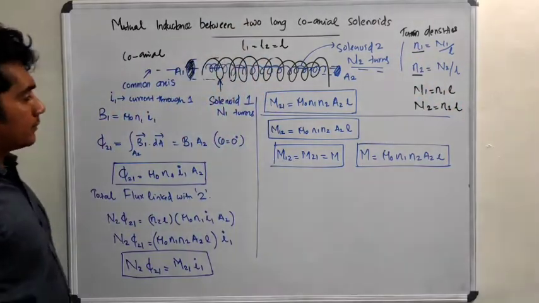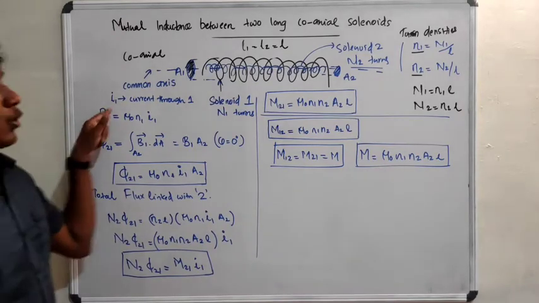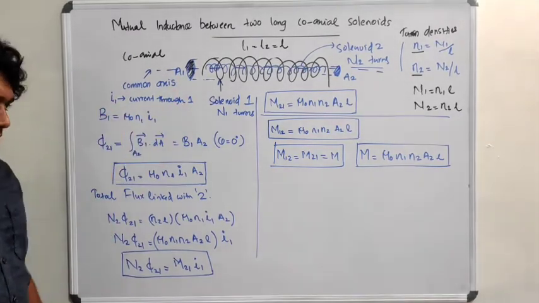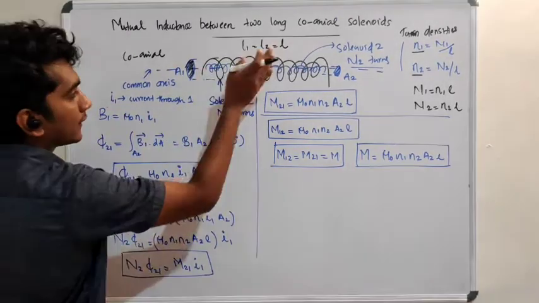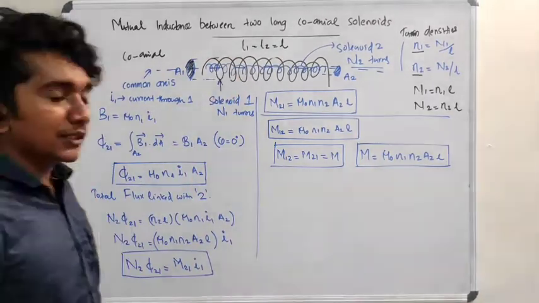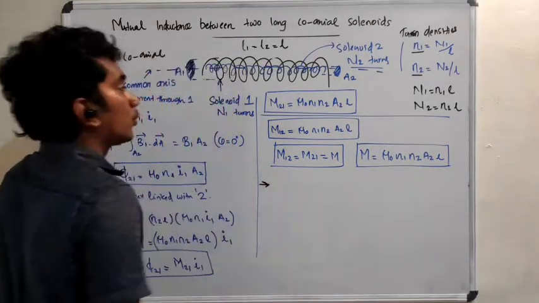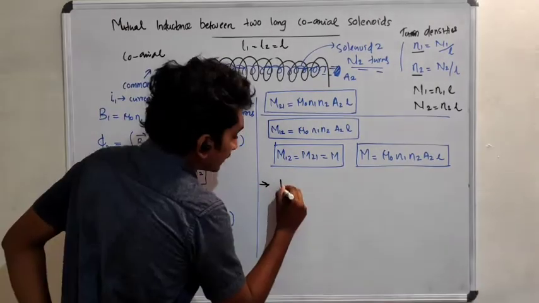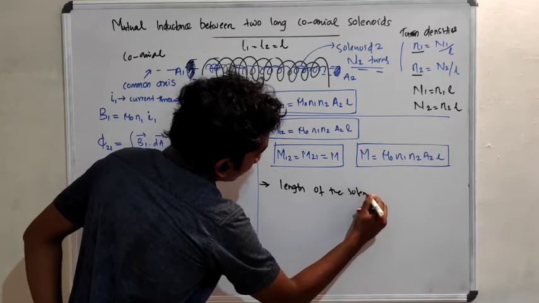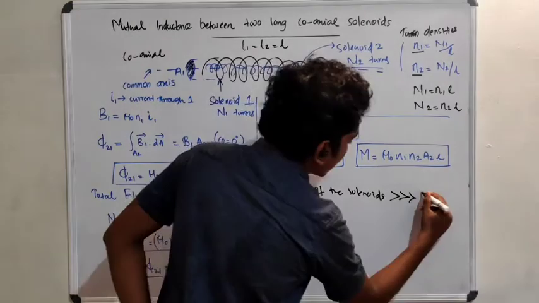Now we are going to talk about the magnetic field associated with coil number 1 when I1 is the current passing through 1. One thing you have to particularly note is that the lengths of the solenoids are very much greater than their radii.